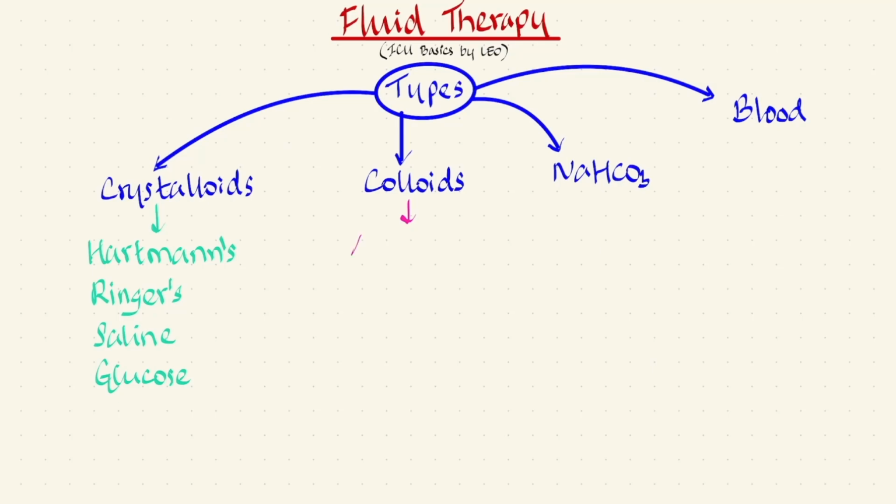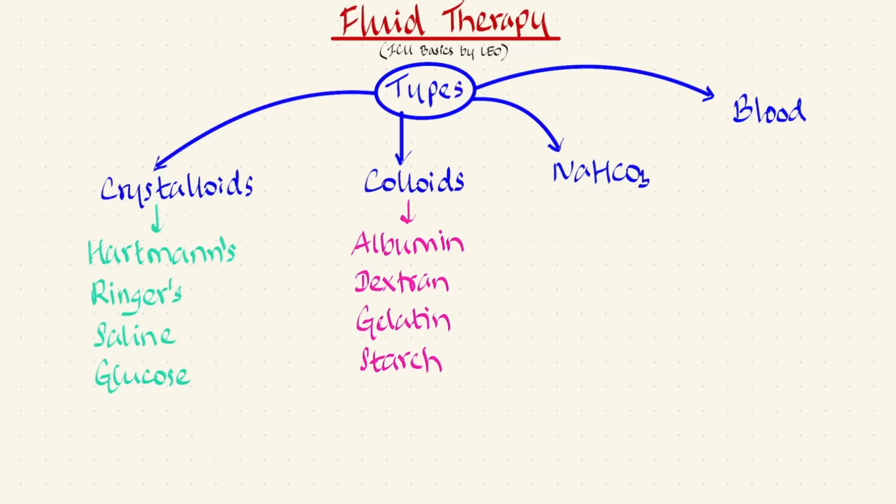Colloids include albumin, for instance 4.5 or 20% human albumin solution, dextran, gelatin, and hydroxyethyl starch. For sodium bicarb, we can use 1.26% or 8.4%.